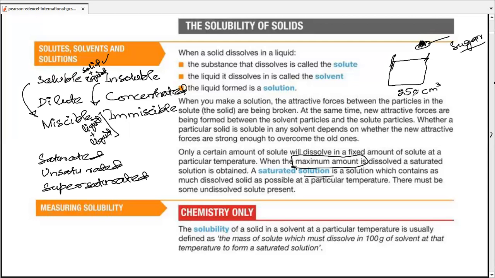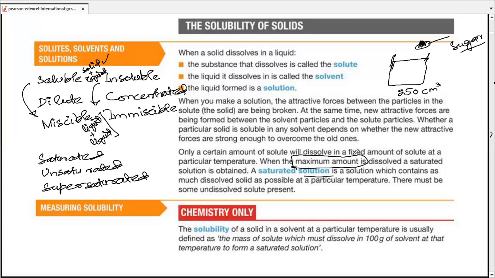The first one would be dissolved easily. For the second one, you might have to stir a little. For the third one, you might have to stir for a little bit more time, like 10 to 15 minutes, before it can be dissolved, right? And that's the maximum amount of sugar you can dissolve at room temperature in this amount of water.